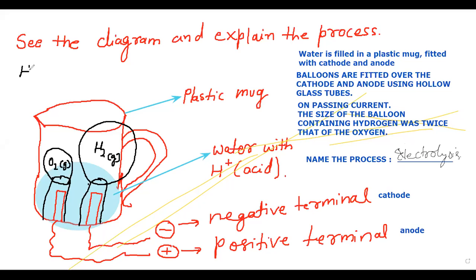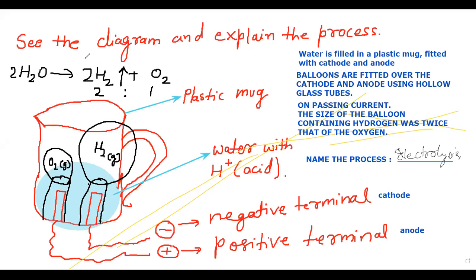Because as per the balanced chemical reaction, the ratio of hydrogen to oxygen is 2:1, isn't it?